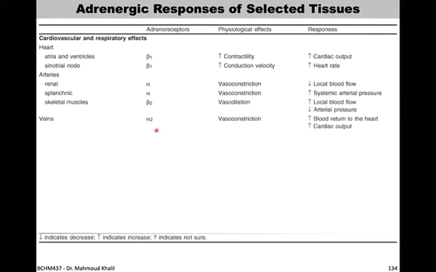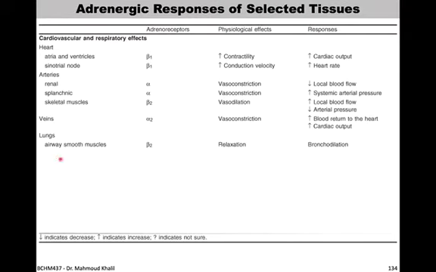In the veins, you can see another type of receptor, which is the alpha-2 receptors on the cells of the veins, which when bound to the hormone will lead to vasoconstriction, and of course it will increase the cardiac output and the blood return to the heart, the speed of the blood returning to the heart. You can notice that all of this adds to increase the speed of the circulation.